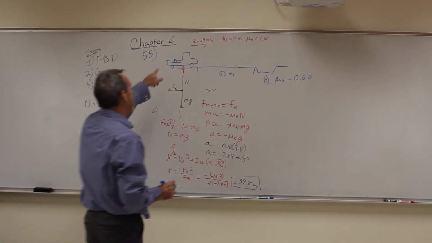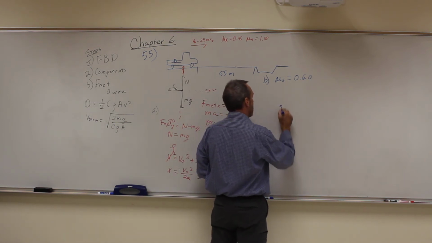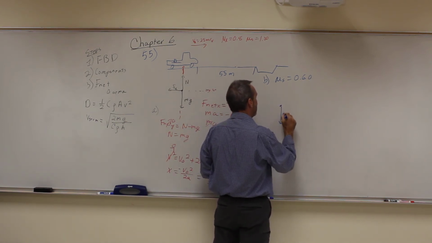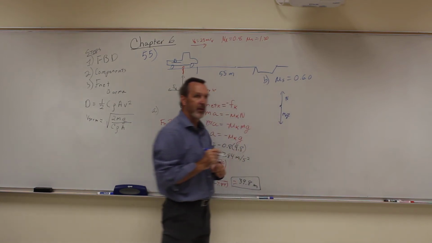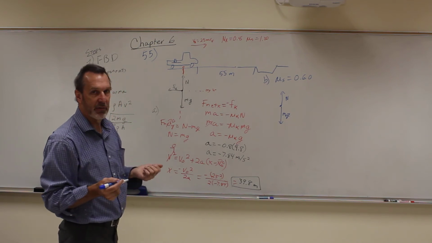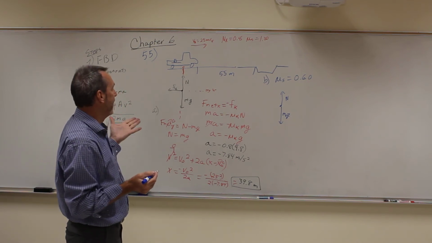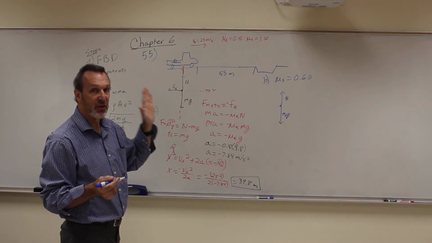So I'm going to do a free body diagram on the vase. Okay? So we have the mass of the vase times gravity. We have the normal force here. And what's happening? The whole thing is accelerating, right? Which way? Well, it's actually accelerating that way. So its inertia is going this way.